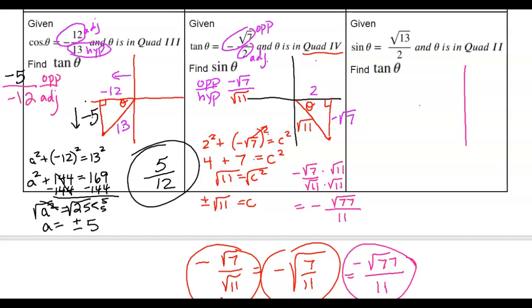So we're going to make a triangle, quadrant 2. So 1, 2. Sine is opposite and hypotenuse. So opposite, I get root 13. The hypotenuse is 2.